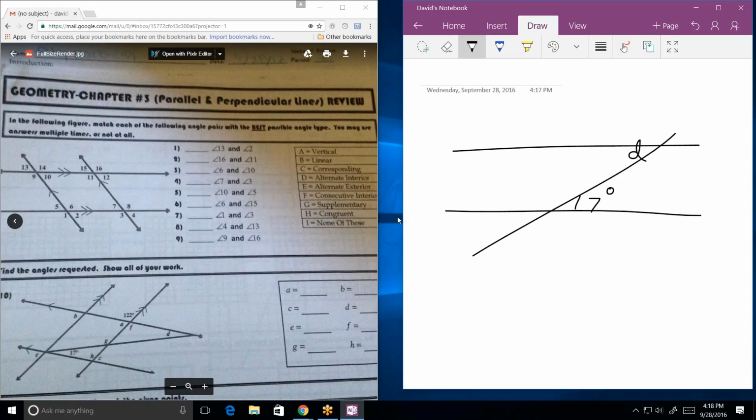Well, yes, that's one thing, but it's alternate interior. In other words, this line's parallel to this line, and D is alternate interior to that. Sometimes you'll have a picture where not all of the lines are parallel, and in this case, that's the case.